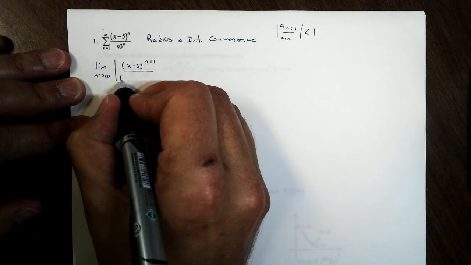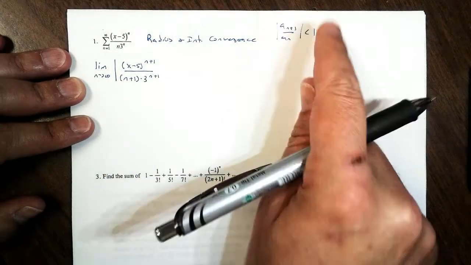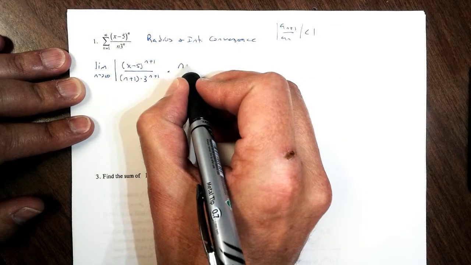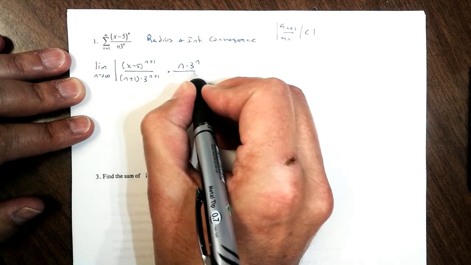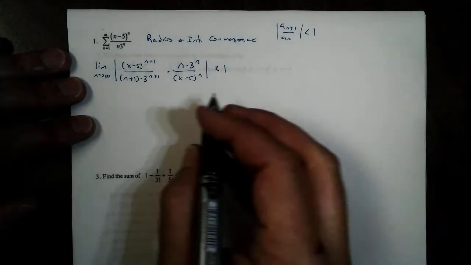Over here we're going to get n plus 1 times 3 to the n plus 1. I am going to divide it by the original, so if I invert and multiply here we just get n times 3 to the n over x minus 5 to the n. And we want to make sure that that is less than 1.